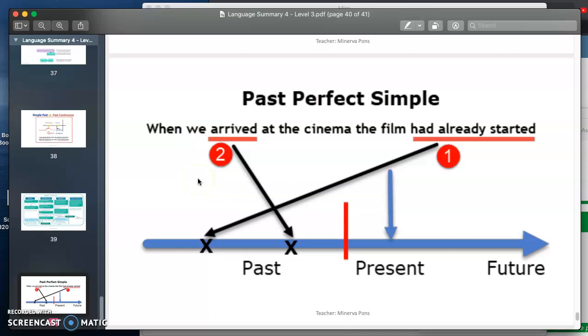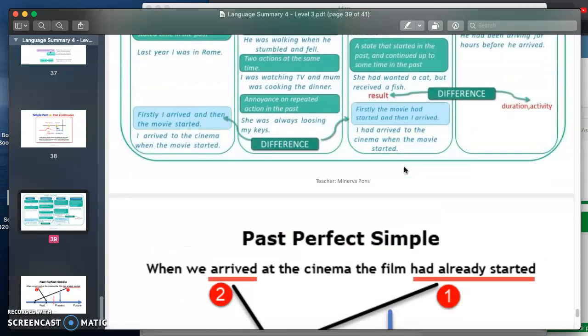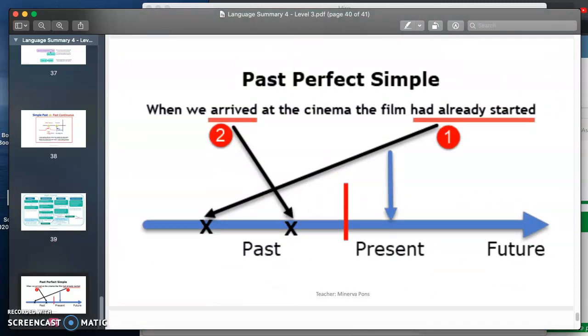For example, let's say that we have this timeline. On this timeline, we have the past, we have the present, which is now, and we have the future, of course, which are the things that haven't happened. In the past, obviously, we have things that already happened to us or finished actions.